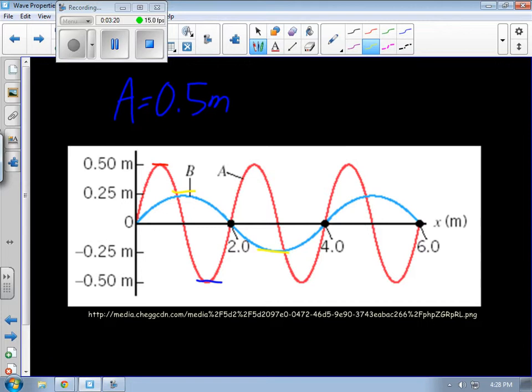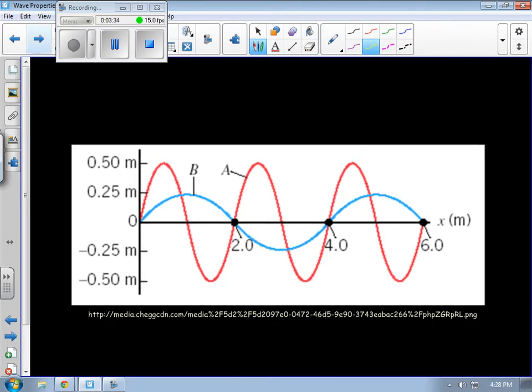So A for the blue wave is 0.25 meters. But what does this tell you about waves? You don't care if one's bigger than another, do you? Amplitude actually is a measure of the energy contained in a wave. The larger the amplitude, the more energy it carries. So our red wave carries more energy than the blue one does.